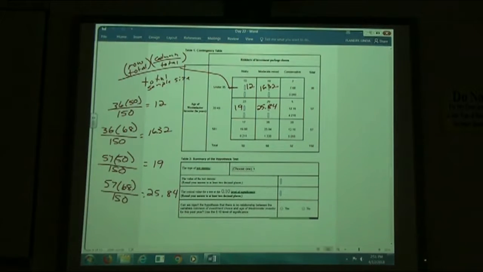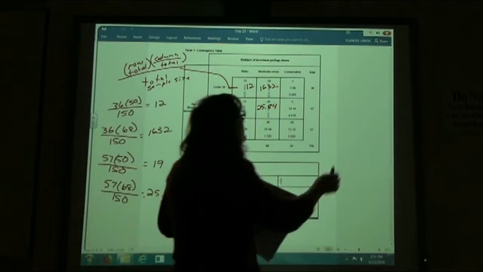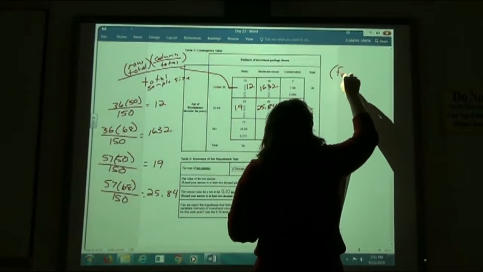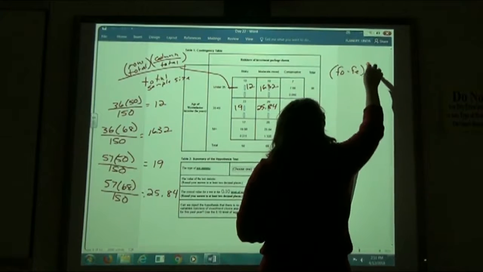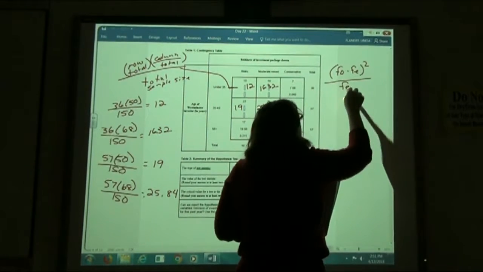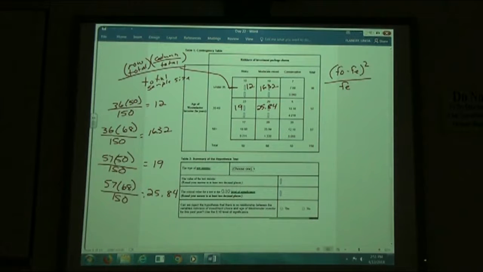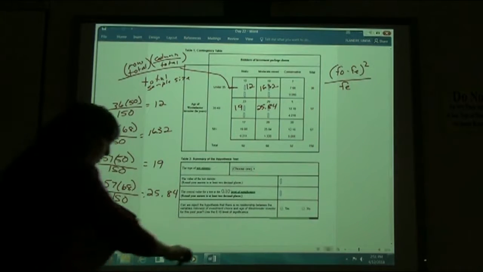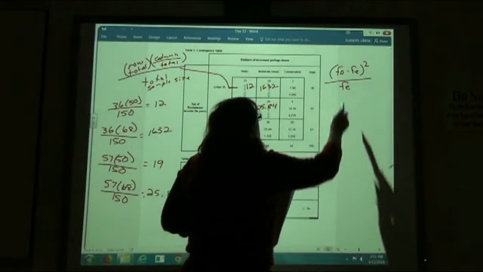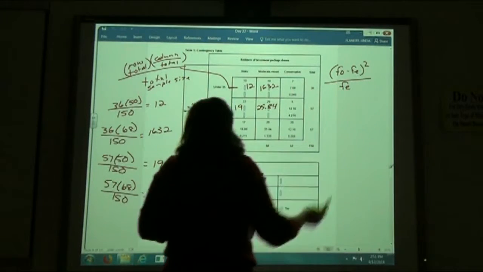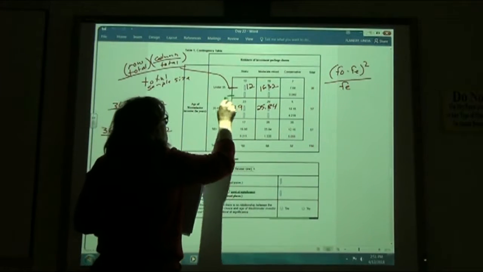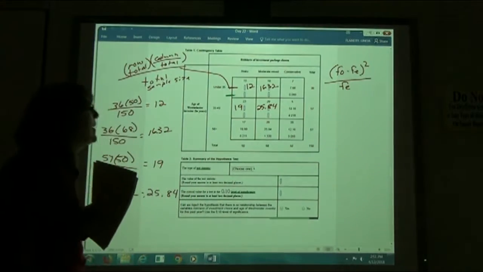All right. The bottom ones we're using that formula, FO minus FE squared divided by FE. So these are the ones we did on problems number 4, 5, and 6. I'm going to switch colors here. So when I'm doing these ones here, I'm going to put them in green.